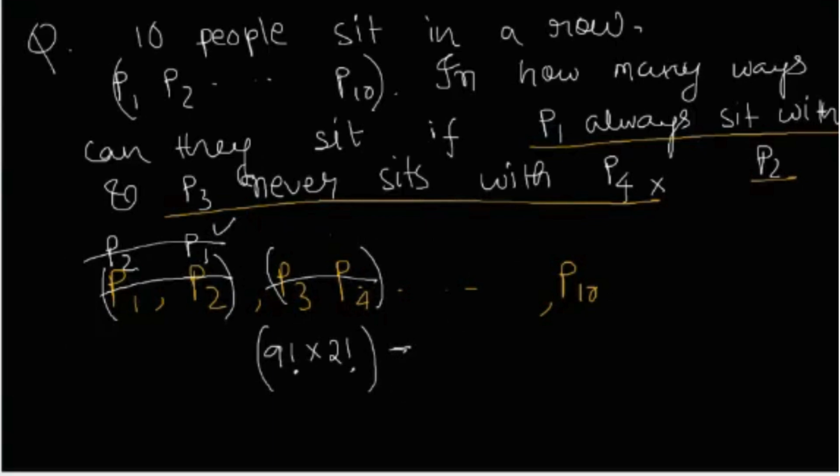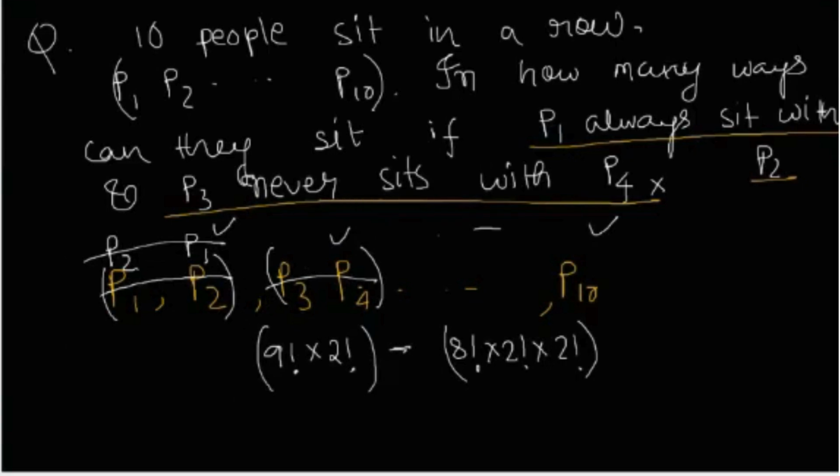There will be 8 people, because I bundle them and just consider them as one person. So there will be 8 factorial of them, and there will be a 2 factorial in which P3 and P4 sit together, and 2 factorial in which P1 and P2 sit together. Now, if I subtract this from 9 factorial times 2 factorial, I'll get all the possible number of ways in which P1 and P2 sit together and P3 and P4 do not sit together.